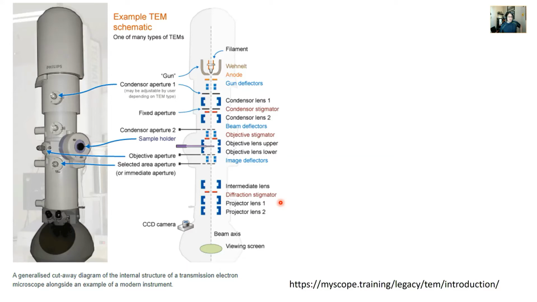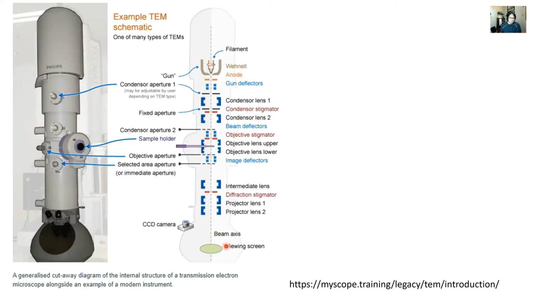So we have an example TEM schematic. I think this is the third time I've shown this in this lecture series. Got this off of MyScope. And what's cool is, as I've said before, TEM is basically a big projector. You have your little specimen, the beam goes down, and you have your transmitted beam and your diffracted beam.